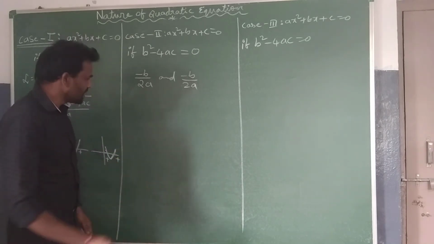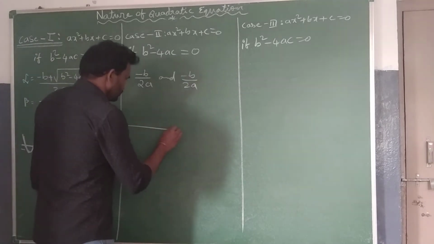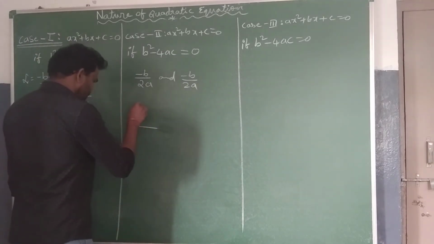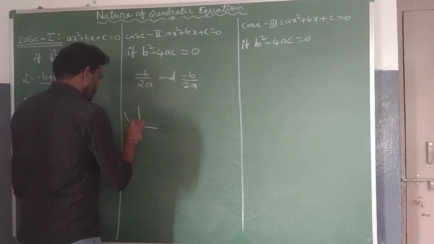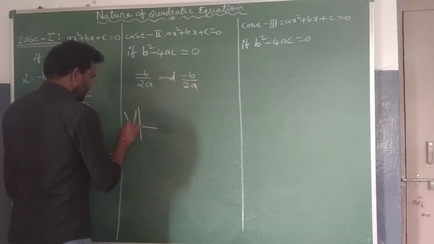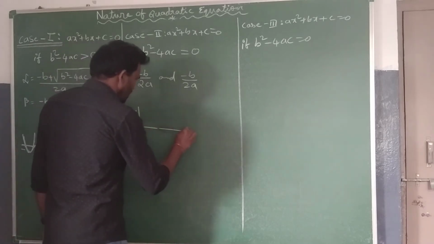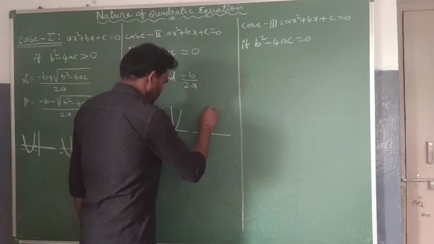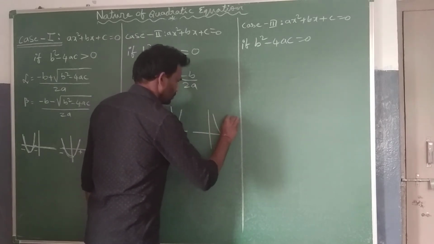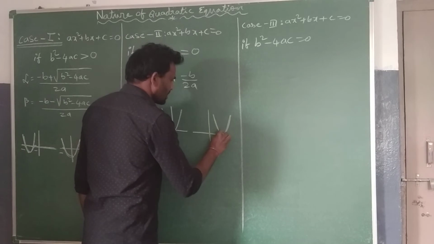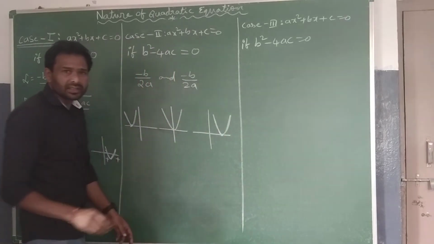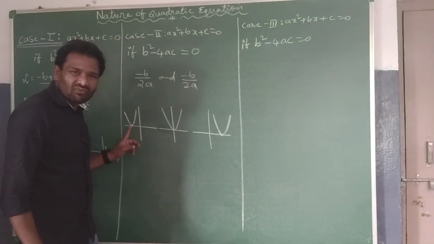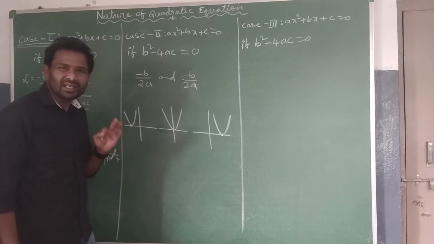Now the graphs in this case. They exist like this, or like this, or one more graph. See here, the graph cuts the x-axis at only one place.